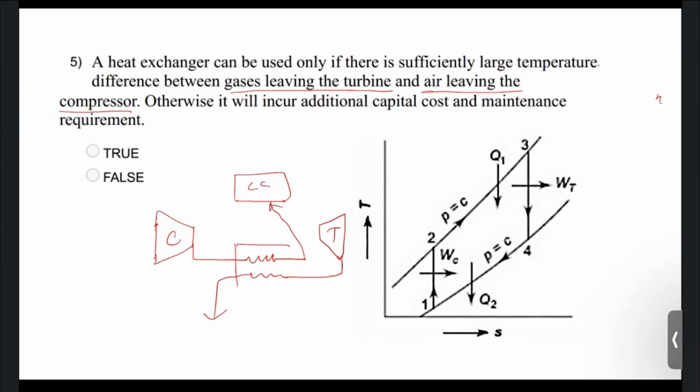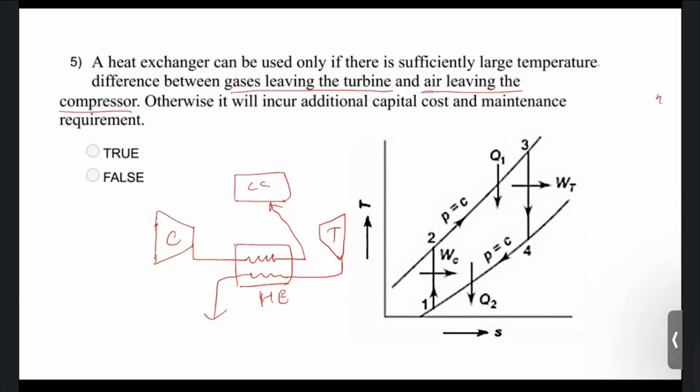Okay, so this is the heat exchanger. As we know, the heat exchanger in regenerative cycles is added to heat the air coming out of the compressor with the help of the heat in the turbine exhaust. This is what heat exchangers are used for in regenerative cycles.